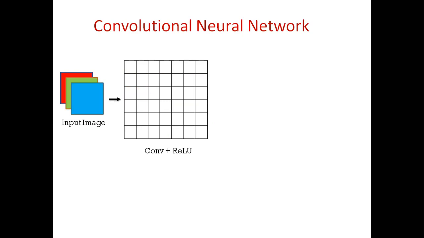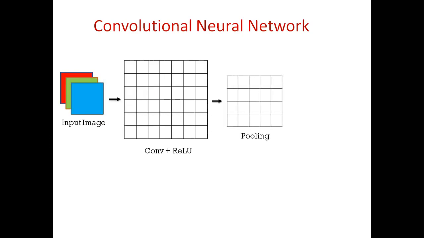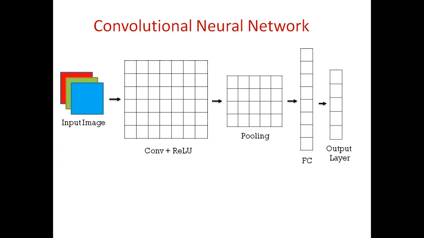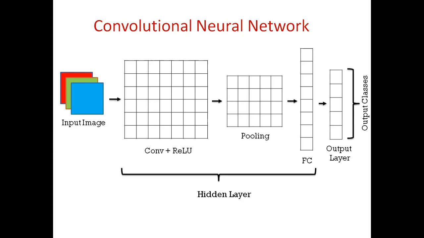This activation function is added to the neural network to help the network learn complex patterns in the data. After the convolution and ReLU activation function, the next mechanism is pooling, which is helpful in reducing the dimension. After pooling, it is given to a fully connected layer. A fully connected layer takes the output of the convolution and pooling layers and predicts the best label to describe the image. So we get the output class.